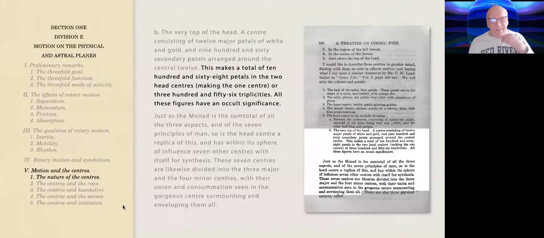We then used this statement on the numerical makeup of the two head chakras, quote, "This makes a total of 1,068 petals in the two head centers, making the one center, or 356 triplicities. All these figures have an occult significance."